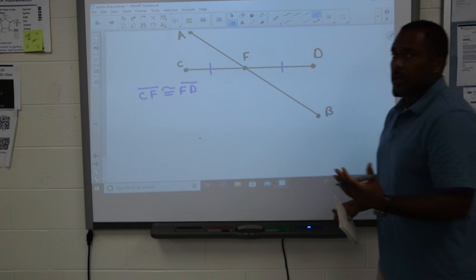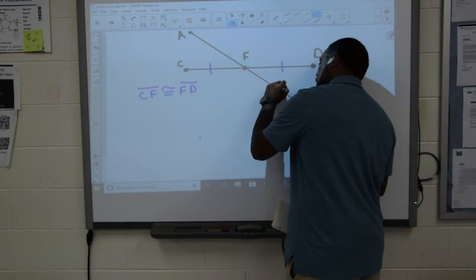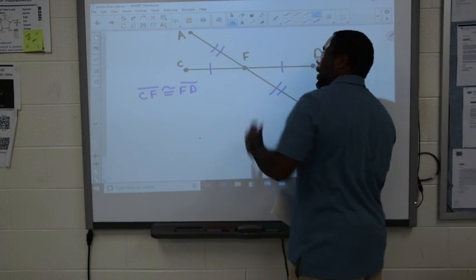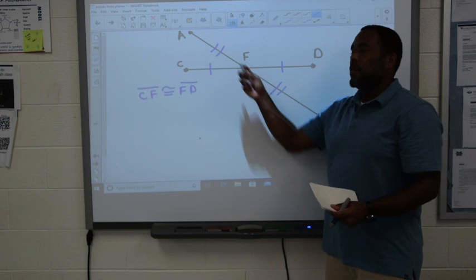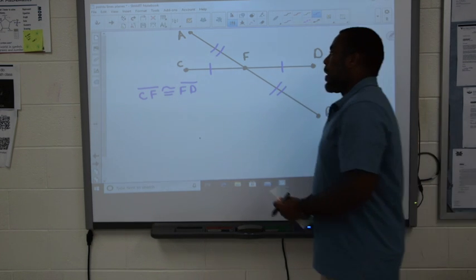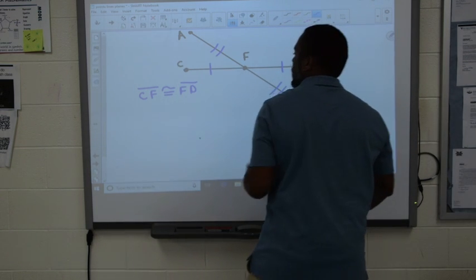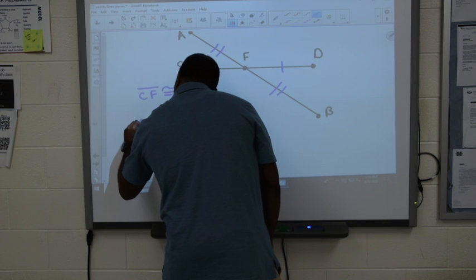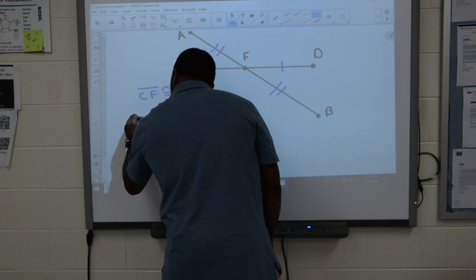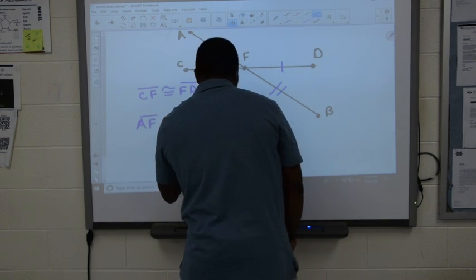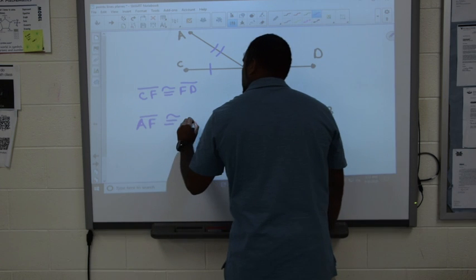Likewise, I could also say that here I have two tick marks and two tick marks. That means AF is congruent to FB.